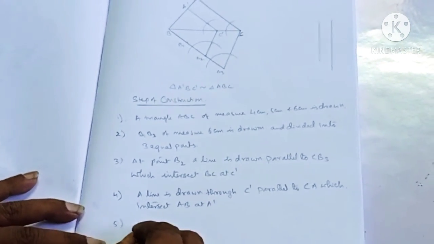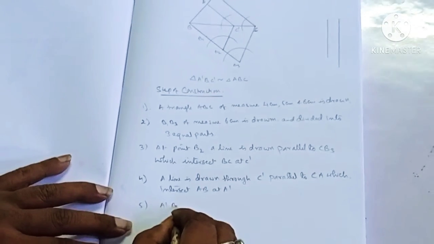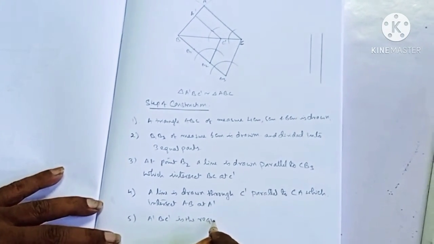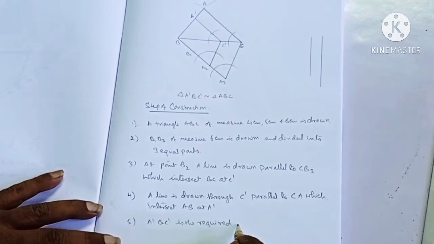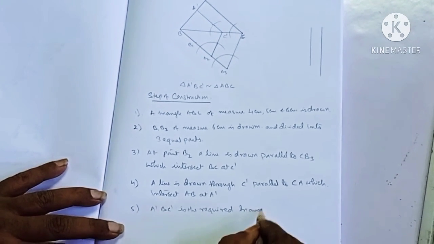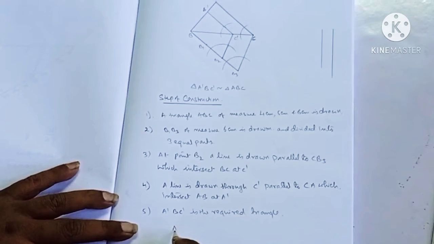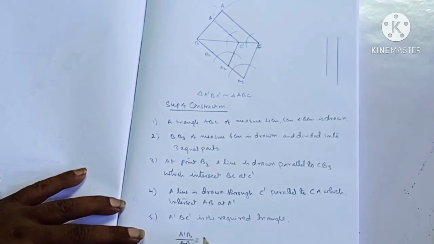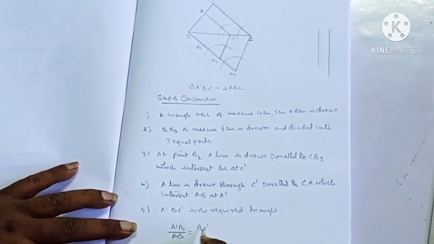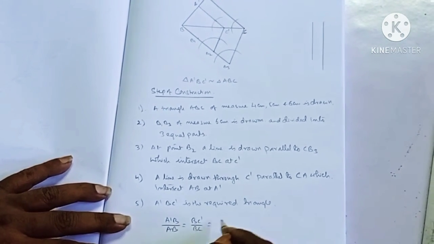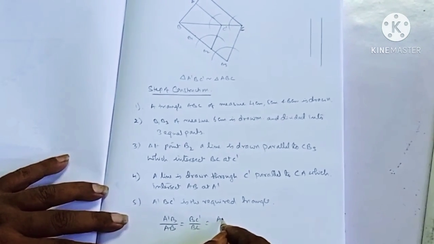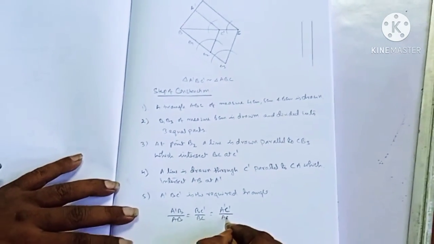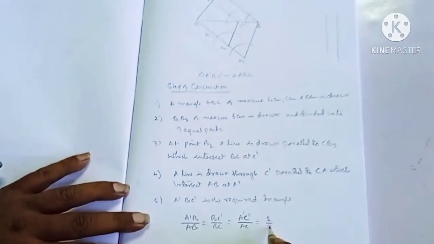So A dash B C dash is the required triangle, and here A dash B by AB is equal to B C dash by BC, is equal to A dash C dash by AC, that is equal to 2 by 3.